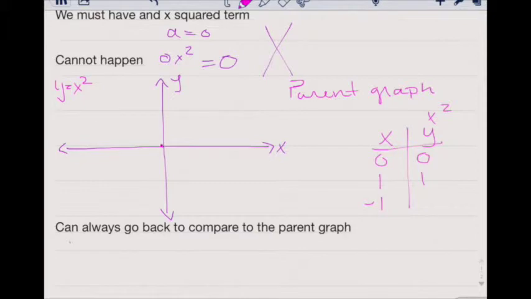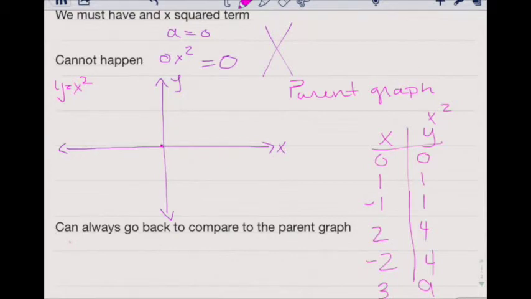If I do negative 1, I'll also get 1 out. Let me keep going with this. If I do 2, 2 squared is 4. And if I do negative 2, I get 4 again. So it keeps on with this pattern. 3 would be 9, and so forth and so forth.